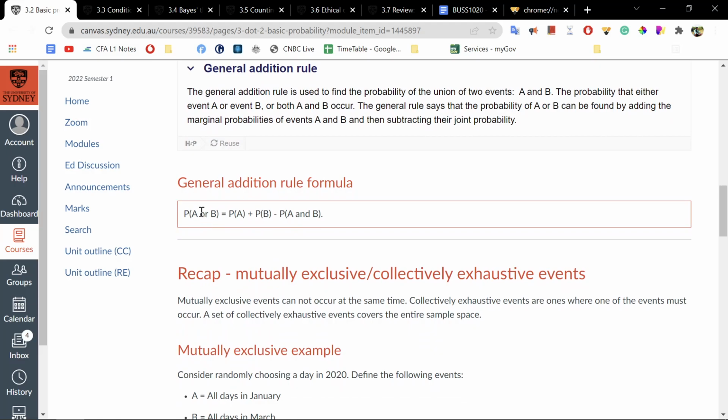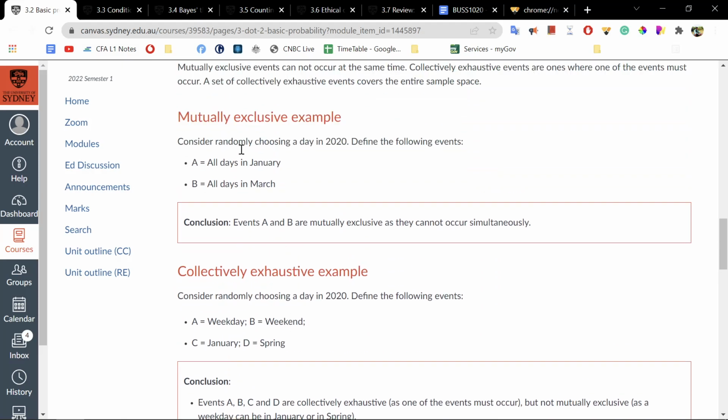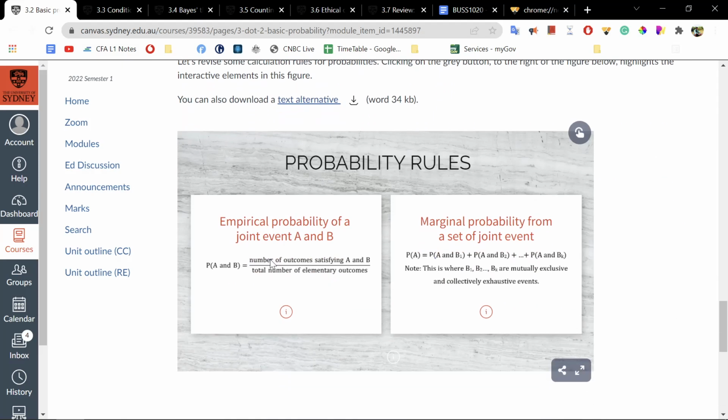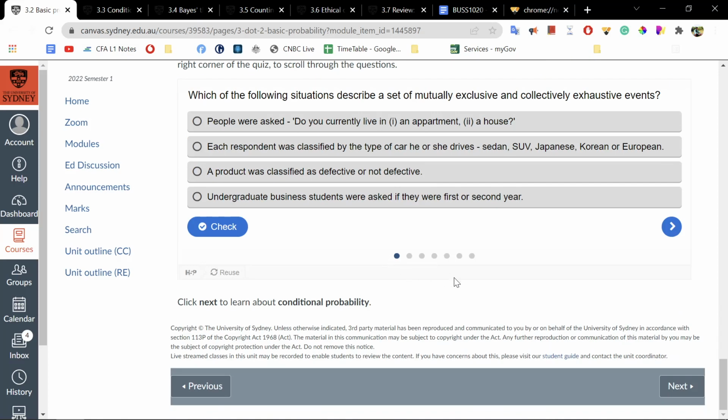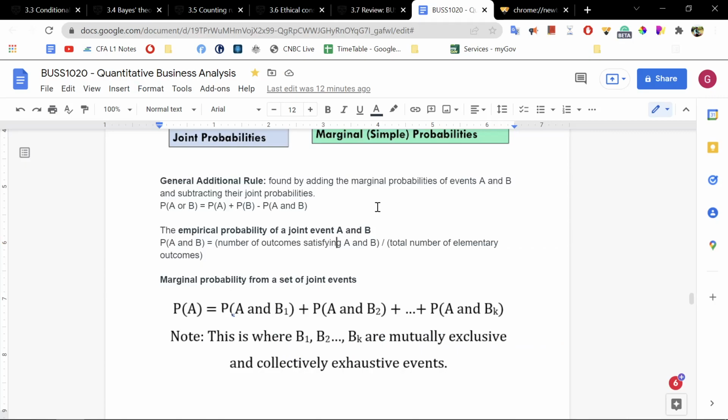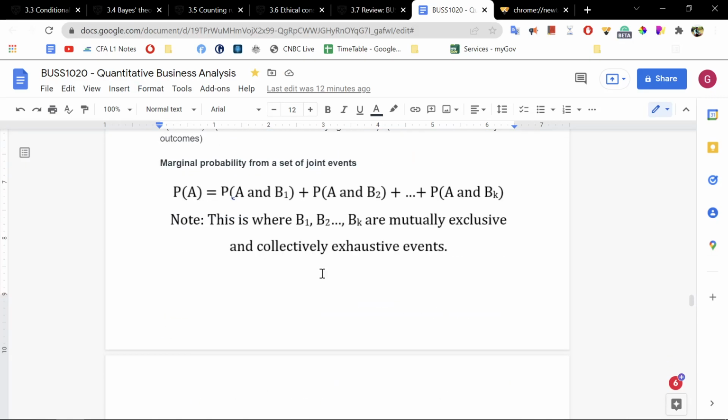The general addition rule is: the probability of event A or event B is equal to the probability of A plus the probability of B minus the probability of A and B. So, mutually exclusive, collectively exhaustive, recap, these are the probability rules. Conditional probability, let's talk about my notes first.